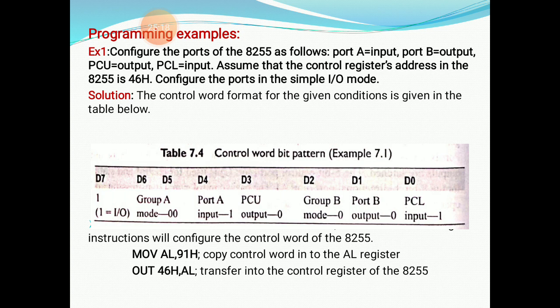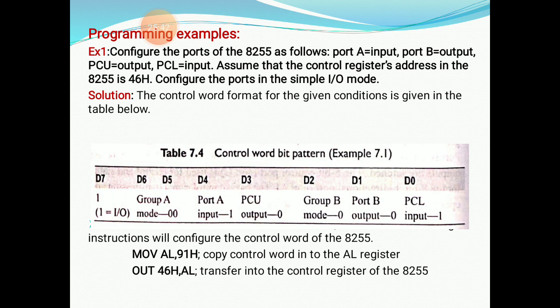Select mode 0 operation, so D6 and D5 are both 0, 0. The D4 bit belongs to the direction of port A. Port A is used as an input port in the example, so D4 becomes 1. The D3 bit belongs to the direction of port C upper. Port C upper is used as an output port, so the D3 bit becomes 0.